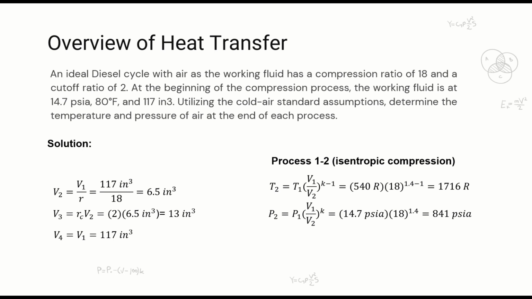The formula that we will be using here is P2 equals P1 multiplied by V1 over V2 raised to k, so equals 14.7 psia multiplied by 18 raised to 1.4. The 1.4 is the corresponding value of k.